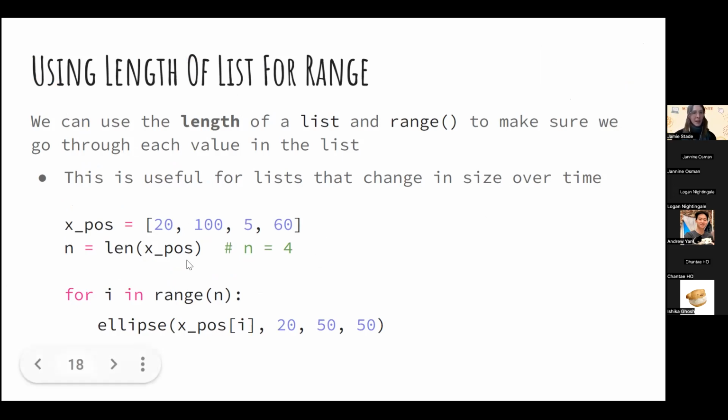By using len, which will give us the length of the list, we can store that value in a variable, and then write for i in range n, which will go over the length of this list, which can be defined dynamically. It can be a different size list each time. And then that will define the size of the ellipse using every value in this list, no matter how big that list.